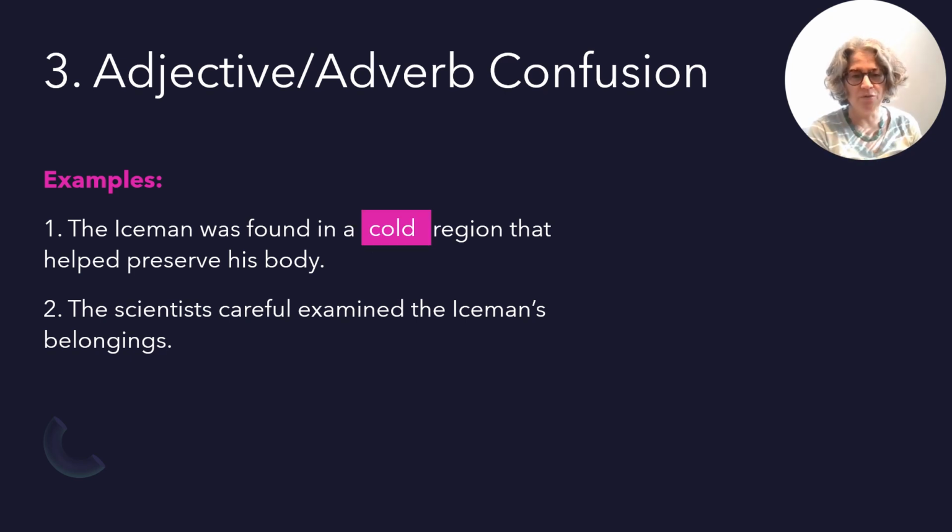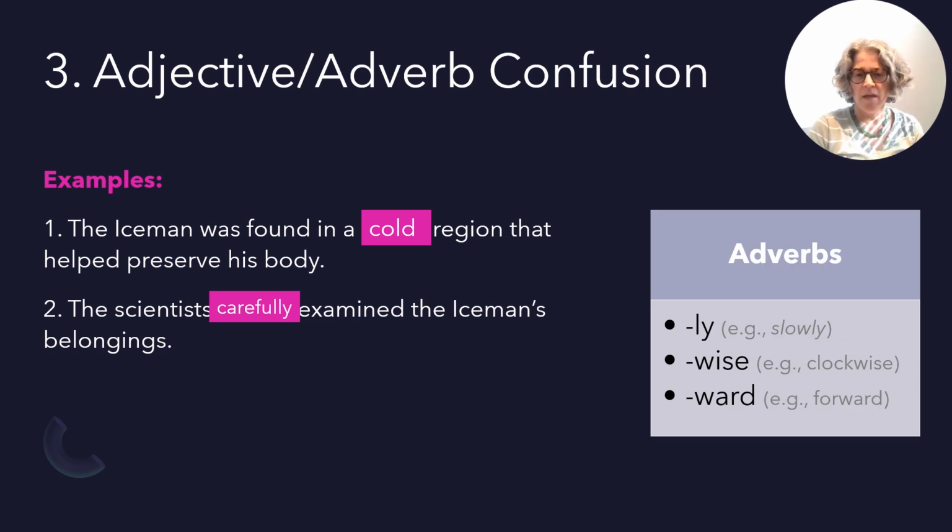And in sentence 2, the scientists careful examined the Iceman's belongings. So we have careful before a verb, and we know we need an adverb there. So we can use the affix ly to transform it into carefully. The most common adverb affixes are here on the screen. You'll know ly, but wise and ward are also used.